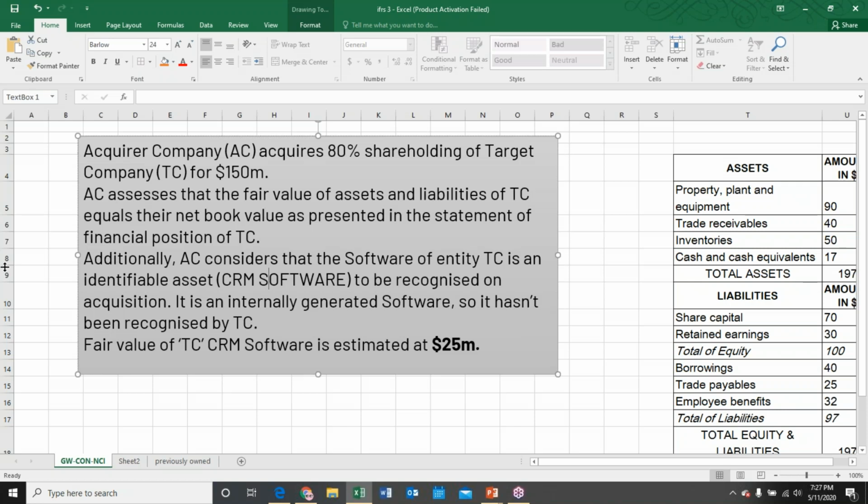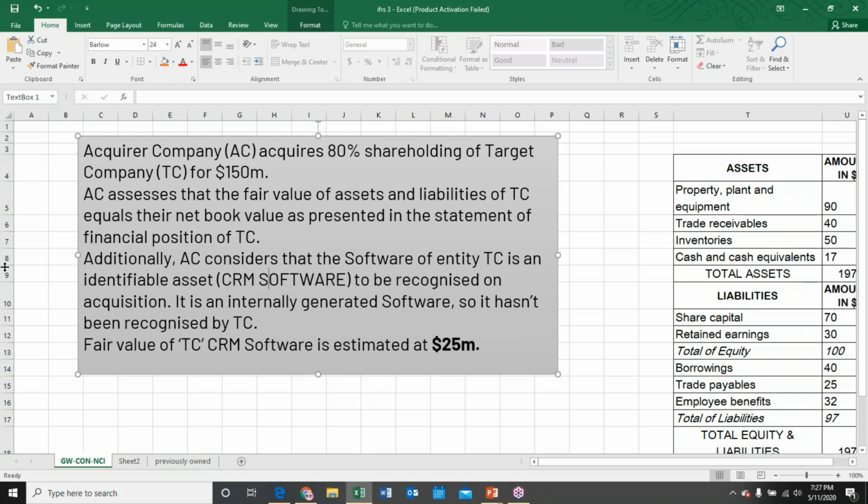Is the software of TC, like the CRM software in our last question, to be recognized on acquisition? It is certainly recognized. So this is actually the same example, just provided under numbers.